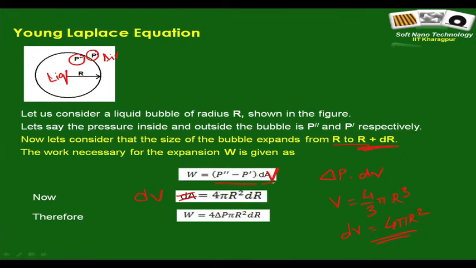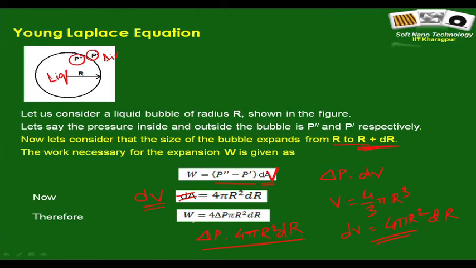This is going to be dV, and the expression is not dA. Therefore, the work done is delta P times 4 pi r square dr. This is the expression of W.